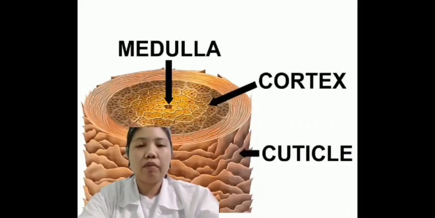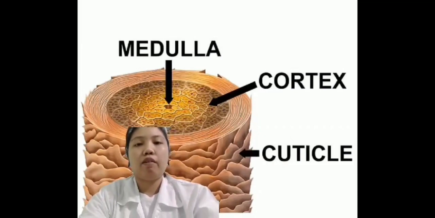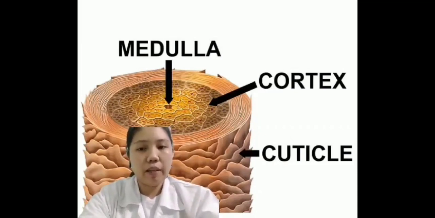The last part of the shaft is the medulla or core, which is the central canal of the hair, and it may be empty or may contain various sorts of cells, more or less pigmented, and begins near the root. The last part of the hair is the tip, sometimes termed the point, which means the distal end of an uncut hair shaft.